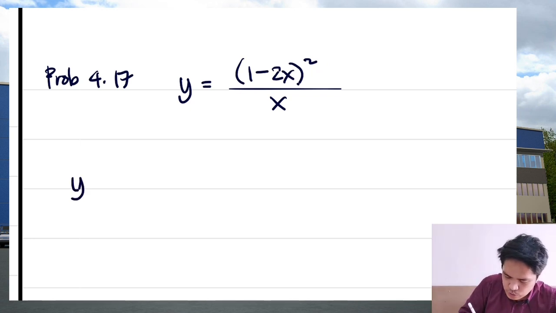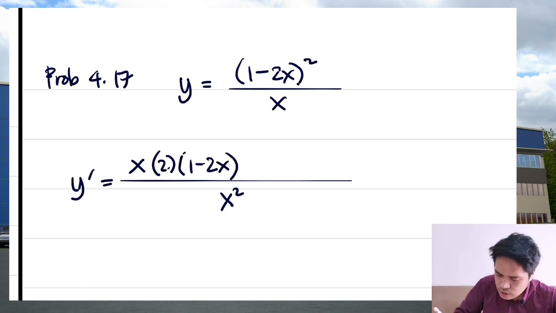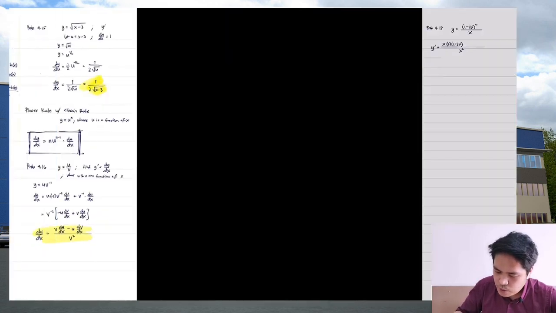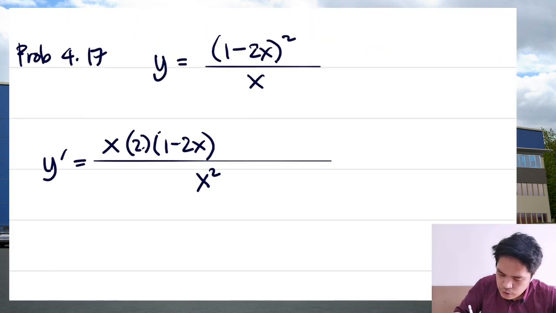Use the quotient rule. So we have y prime, that's equal to, square the denominator, so x squared, copy the denominator, that's x. Derivative of the numerator, that would be the derivative of the mother, which is 2 times 1 minus 2x raised to 2 minus 1, which is 1. Diba? So I'm just using the general power rule with the chain rule. Okay? So this is the derivative of the mother, times the derivative of the baby.